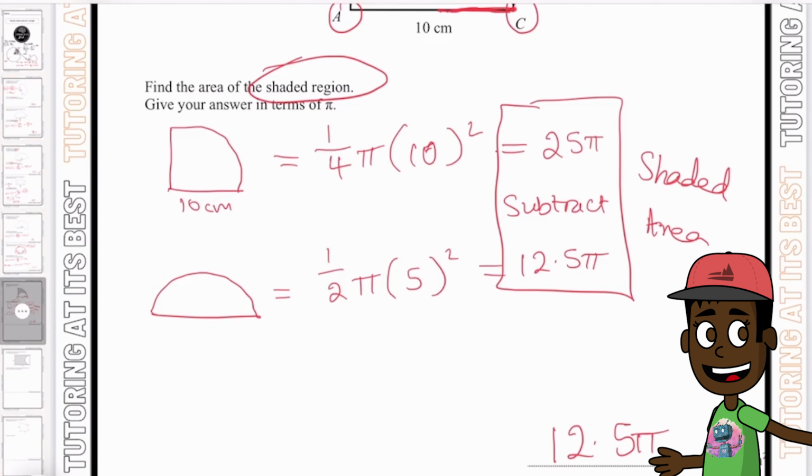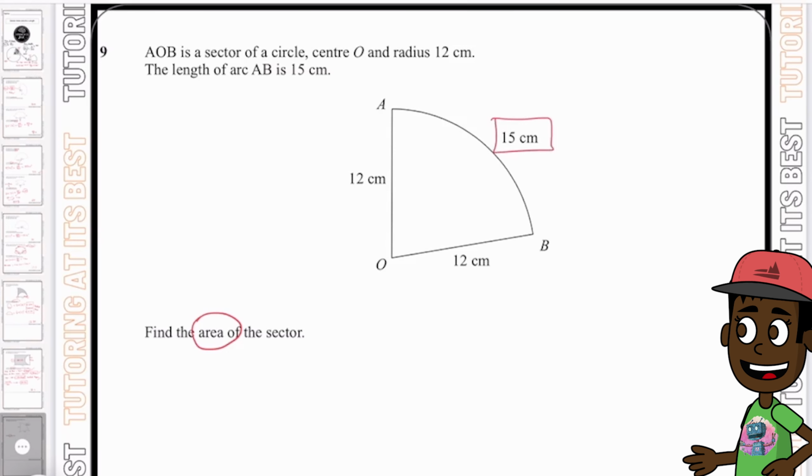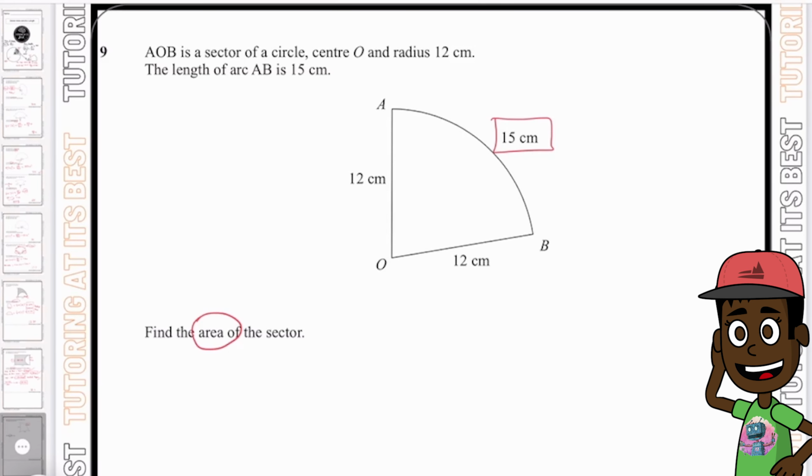So we now have a sector of a circle, but in this case, they've now removed the angle, and they're asking us to work out the area of the sector. So if we look at the area of a sector, we now know that we have our arc length, which is 15 centimeters. So perhaps we could work with that. So let's go with our arc length.